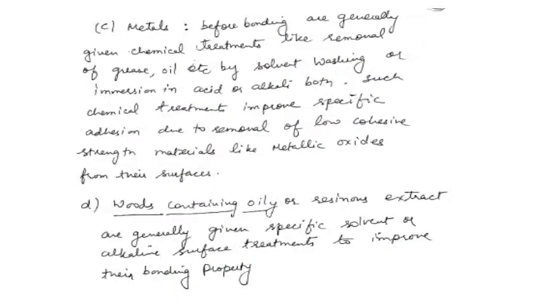If your metal adherent surface has impurities like oil and grease, it should be prepared before machining to get the flat and plain surface. Before the bonding, they are generally given chemical treatments.